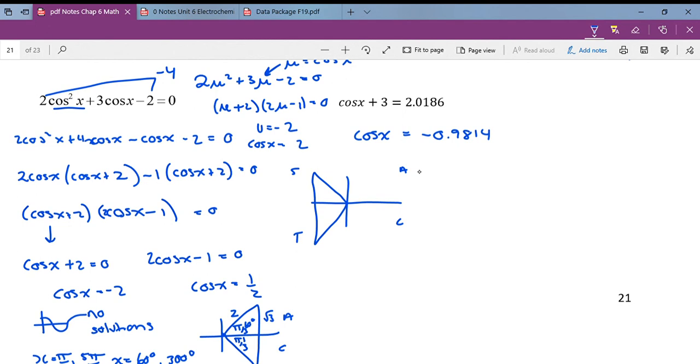I have two options. Option number one, you can plug in x equals the inverse cos of negative 0.9814. And if you plug that into your calculator, let's just do it in degrees to start because they make more sense. So set up degrees. I'm going to type in inverse cos of negative 0.9814.